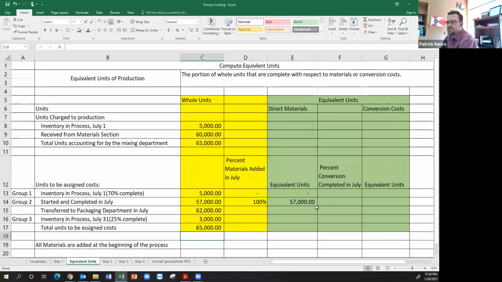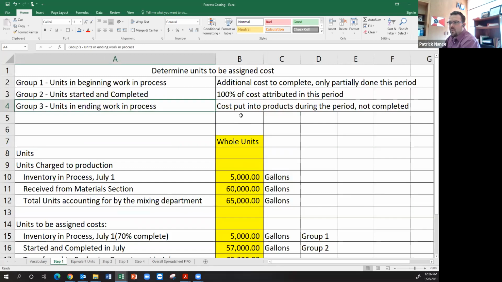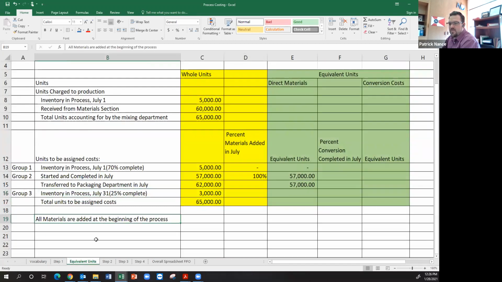All right. So we're going to continue with direct materials here now. I can add this down just like I did over there, 0 plus 57,000. And now my group 3. So group 2 is 100%. Group 3, in this case, again, because all materials were added in July, group 3, remember, represents units in ending work in process. Costs were put into the product, but they were not completed. But again, my materials were all added at the beginning.